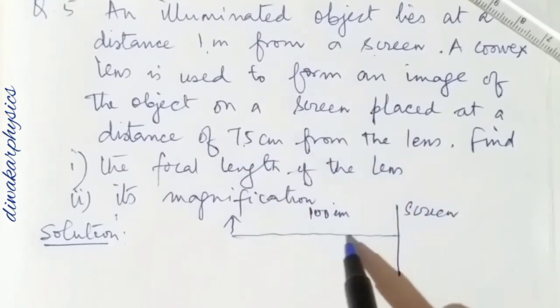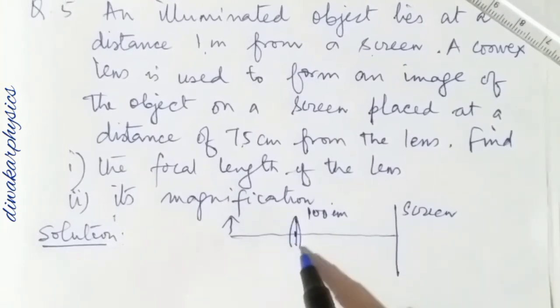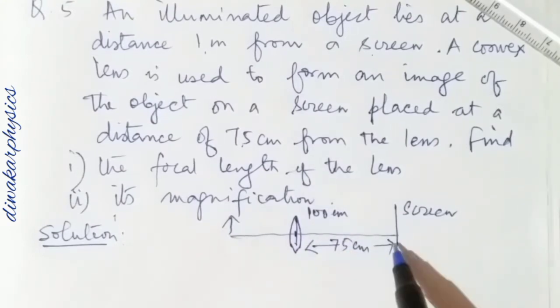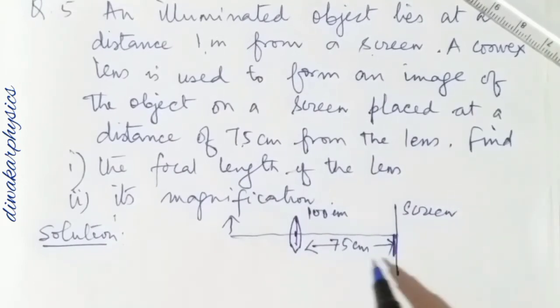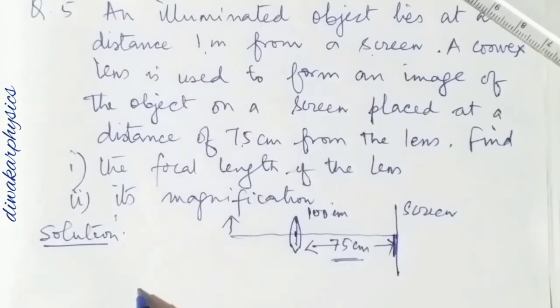So from here you will take 75 centimeter and here will be the lens. So this is 75 centimeter from the lens, which means the image is formed here. So the image distance, v, we can take plus 75 centimeter.